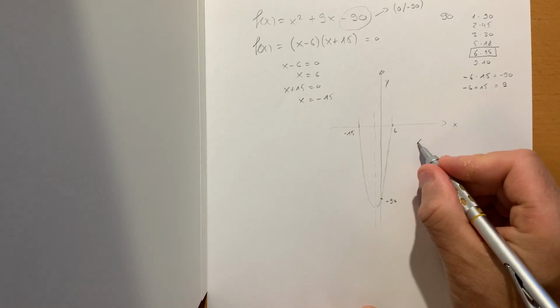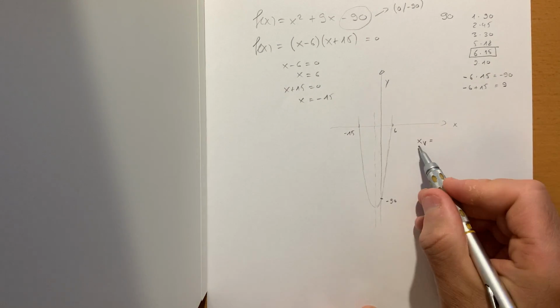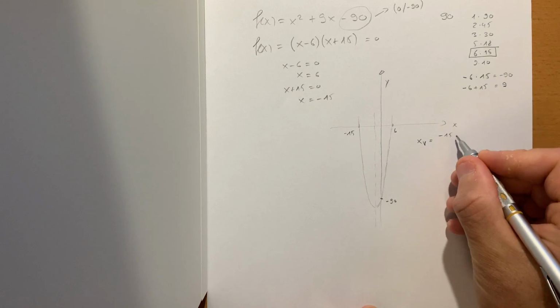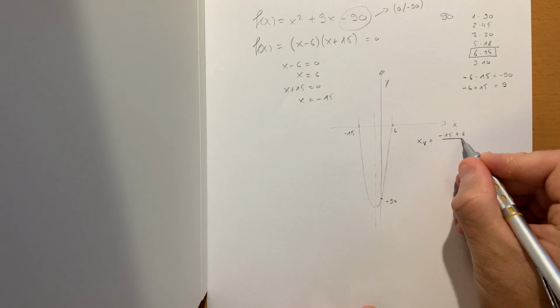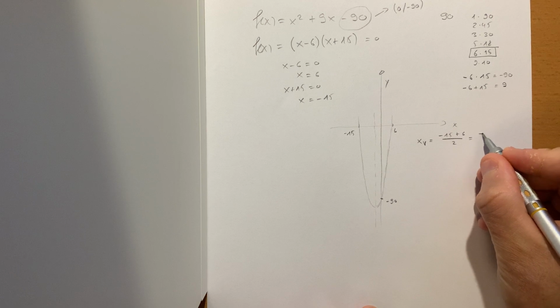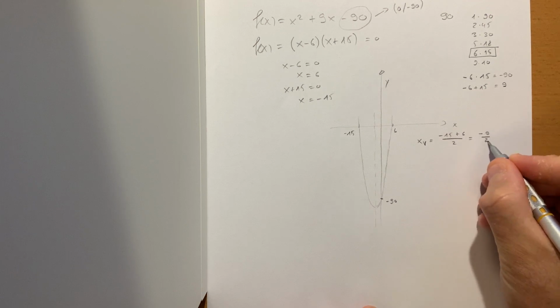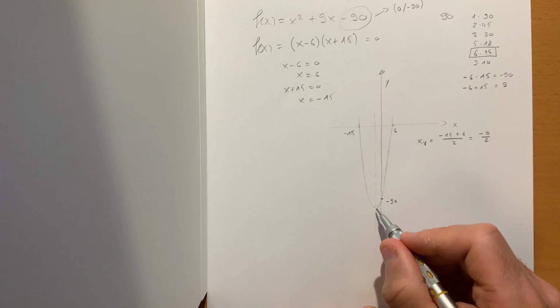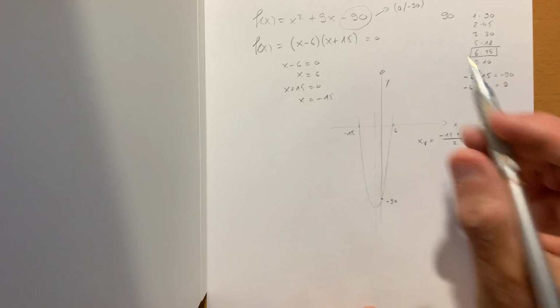So we can work out xv, the x value of the vertex. It's minus 15 plus 6 divided by 2. That's minus 9 halves. Now, in order to work out the y value, you just plug it in here.